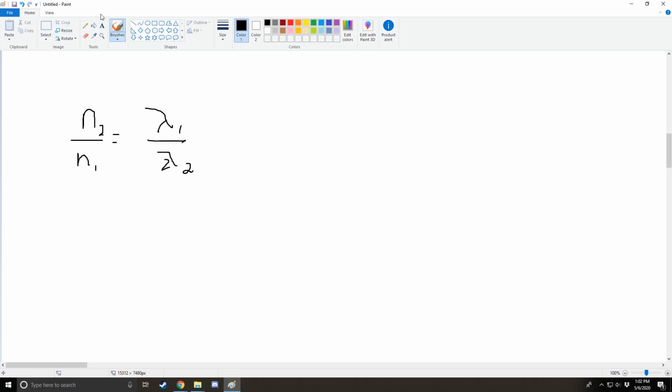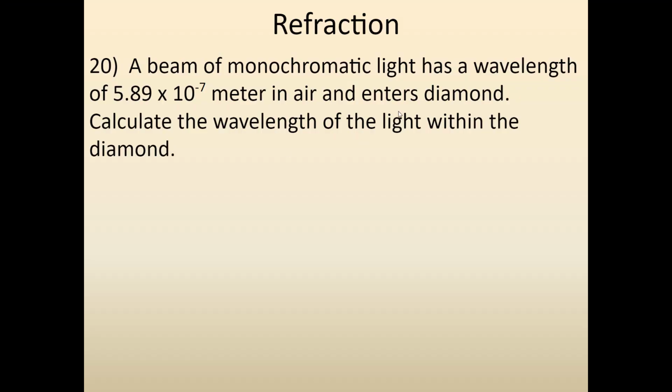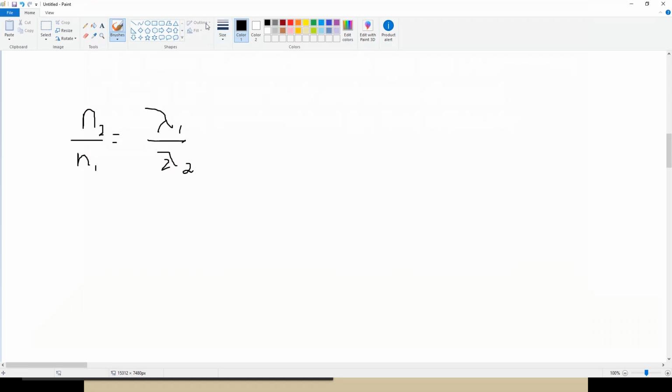The two materials that they have are air and diamond. So everywhere that I see a 2, I'm going to write air, and everywhere I see a 1, I'm going to write diamond.